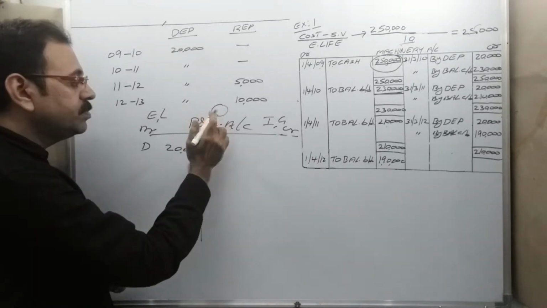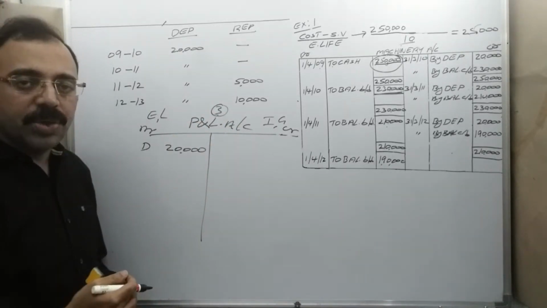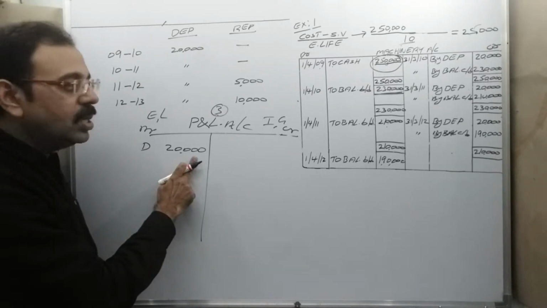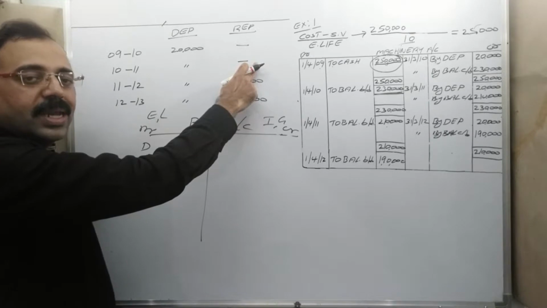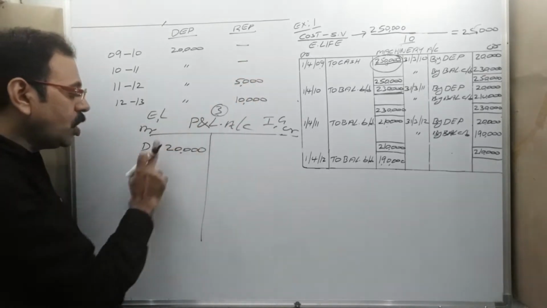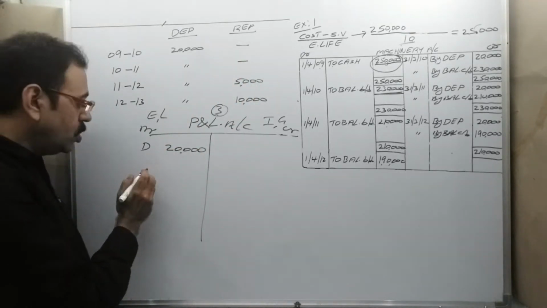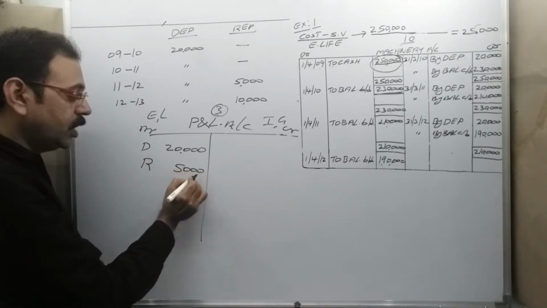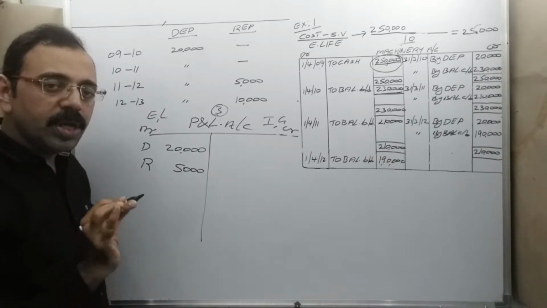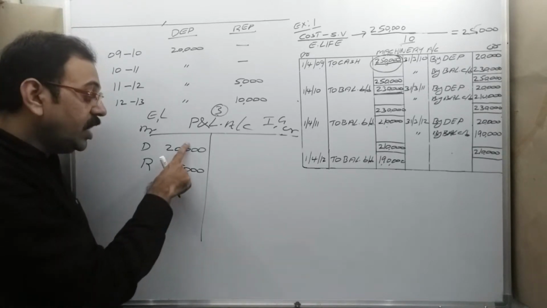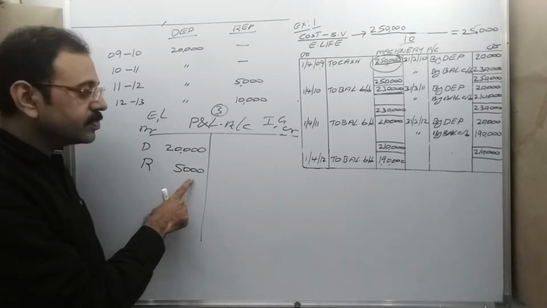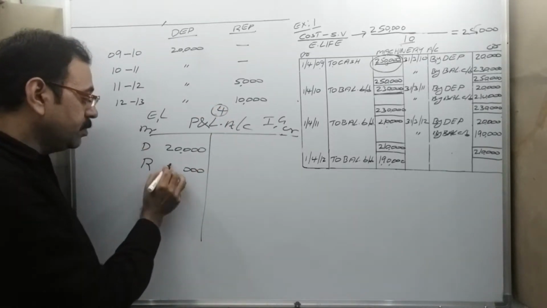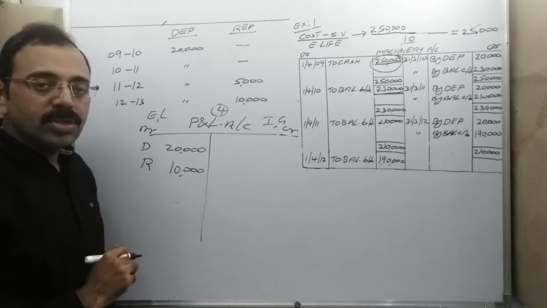Come to third year. Third year final account we are doing. Then depreciation is debited in P&L account and repair is an expenditure. Expenses are to be debited to P&L account. So repair amount is 5,000 rupees. Total how much amount you are debiting to P&L account? 25,000 rupees. If it is fourth year, how much you are debiting? 30,000.